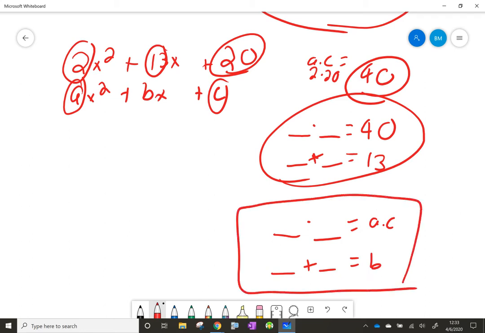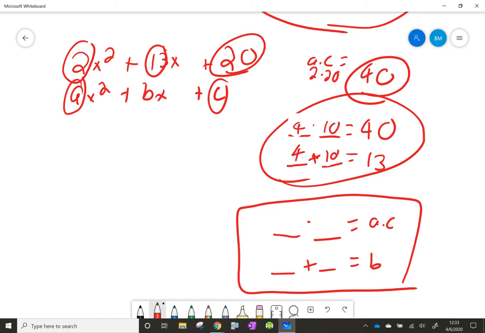So in our example, we have two numbers that multiply to make 40, and the same two numbers that add up to make 13. Now, we just used 2 times 20 to make 40. However, 2 plus 20 does not make 13, so we have to find a different pair of numbers. Maybe 4 and 10, right? 4 times 10 makes 40.